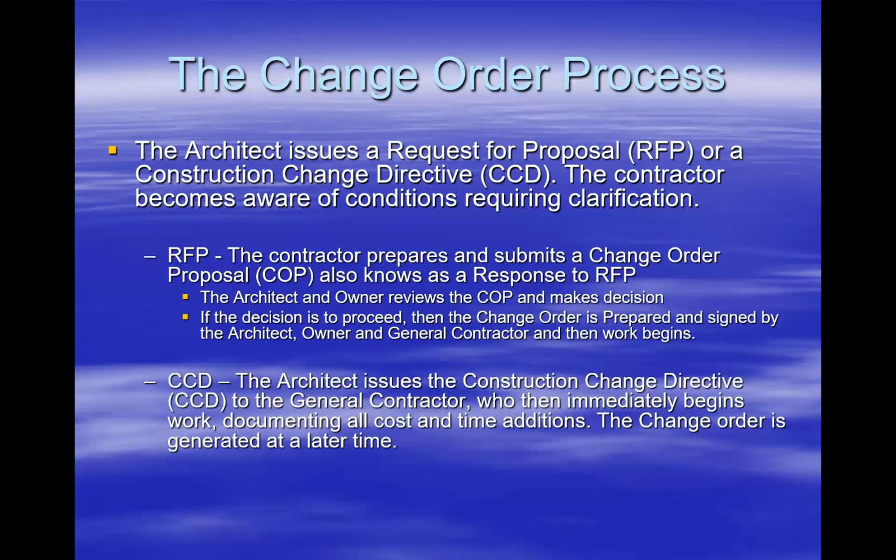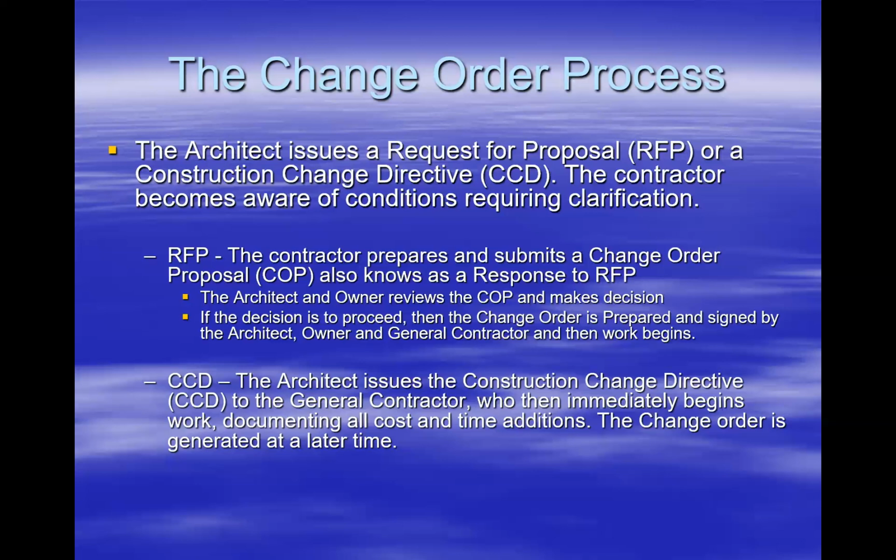The essence of a construction change directive is this: there's not time for us to go through a formal process of generating some type of response to the request for proposal, or submitting that change order proposal for an owner and architect to review, sign off, generate the change order, and then sign off. We have to keep the project going. So construction change directive is basically a written document.